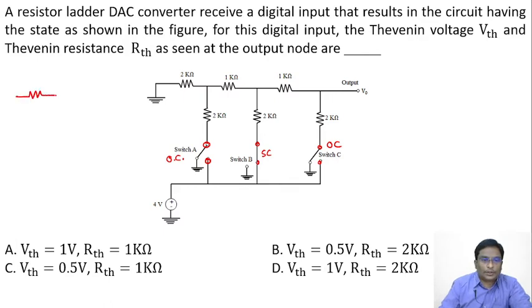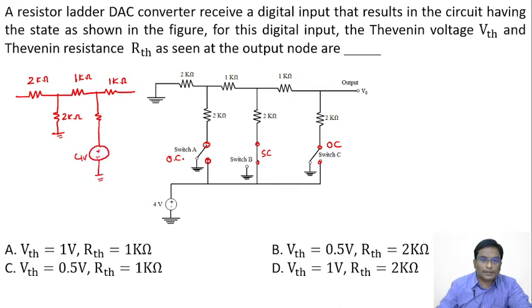This is a 2 kilo ohms, this is a 1 kilo ohm, this is a 2 kilo ohms directly connected to ground, this is a 2 kilo ohms connected to a 4 volt supply, and this is a 2 kilo ohms connected to ground, and this is V0. This is grounded.